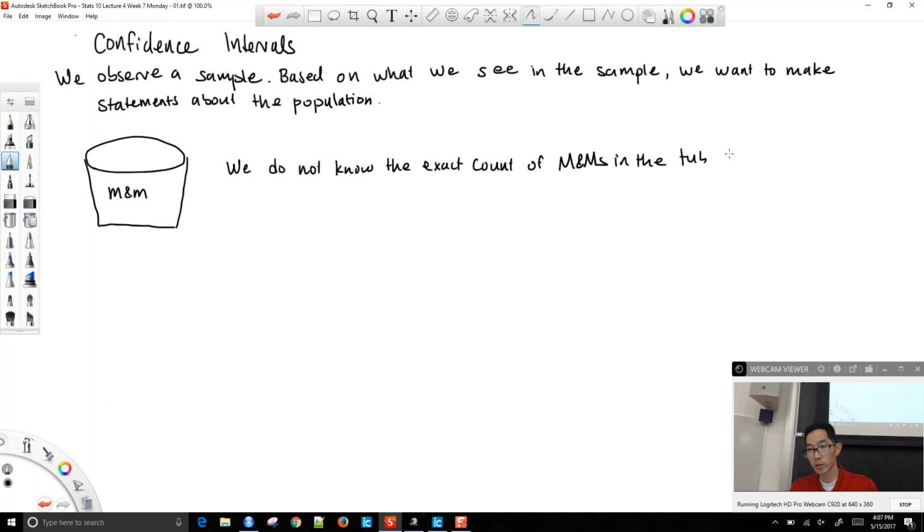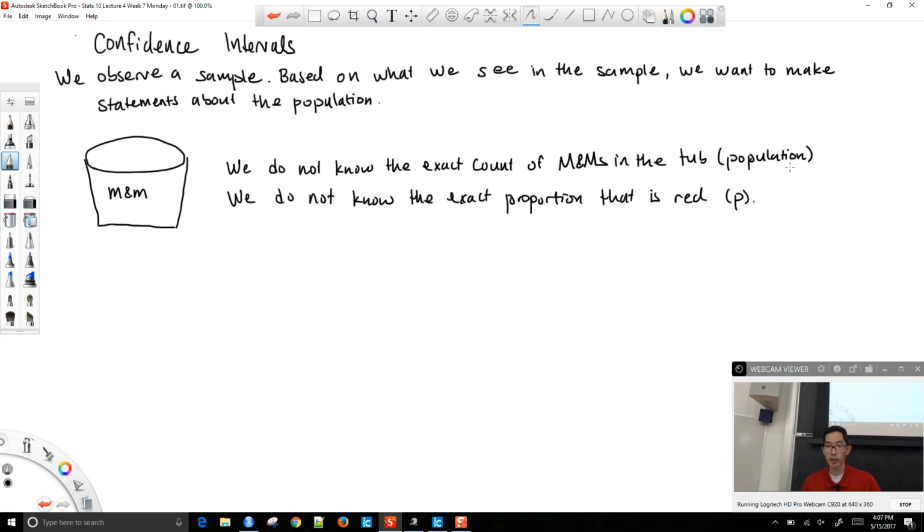In the tub, or this would be our population, we do not know the exact size of the population, and we do not know the exact proportion that is some trait, such as red. That's our P. So we don't know that, so we say the population proportion, P, is unknown.